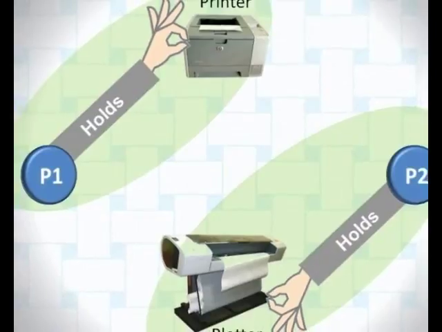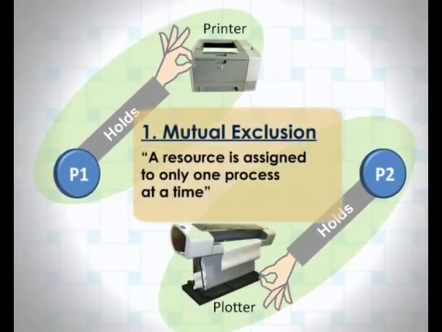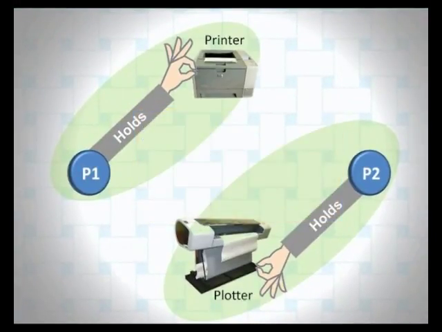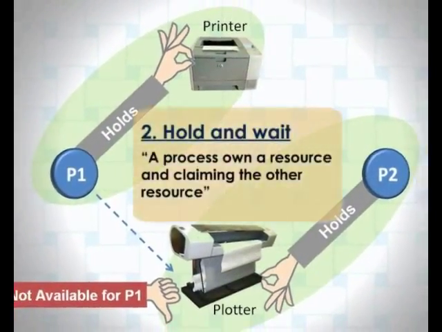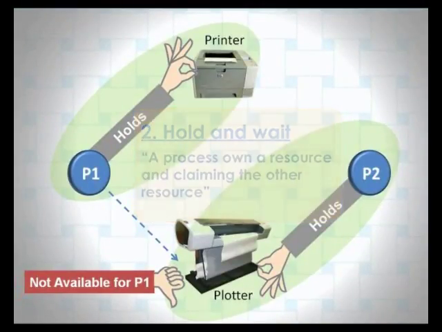Mutual exclusion means that a resource is assigned to only one process at a time. This means that a resource can be acquired by only one process at a time. Hold and wait condition leads to a situation wherein a process owns a resource and is claiming another resource.